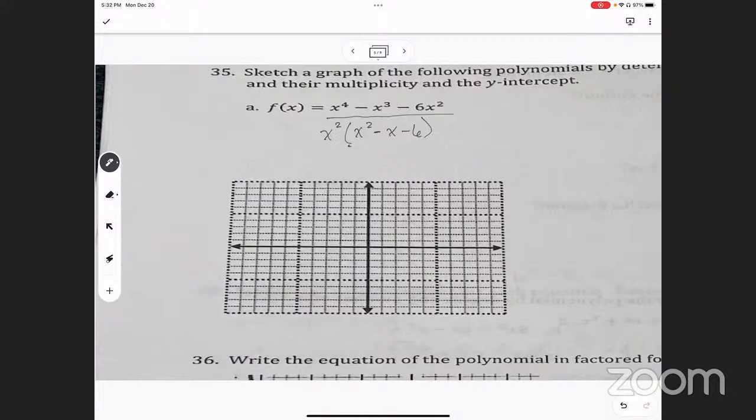And how does this factor now? x squared, x minus... So what multiplies to -6 and adds to -1?